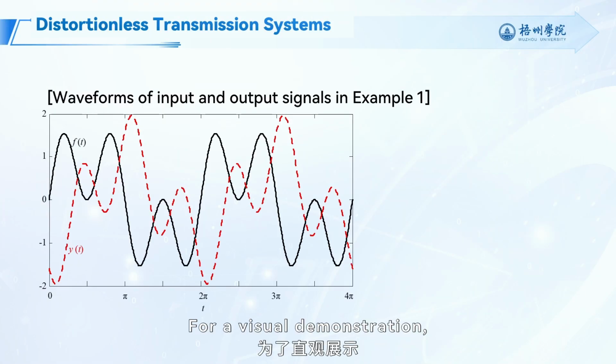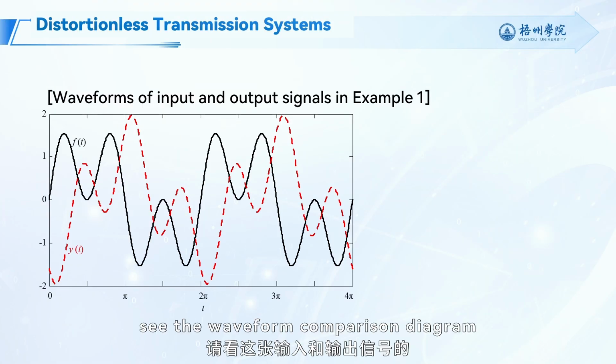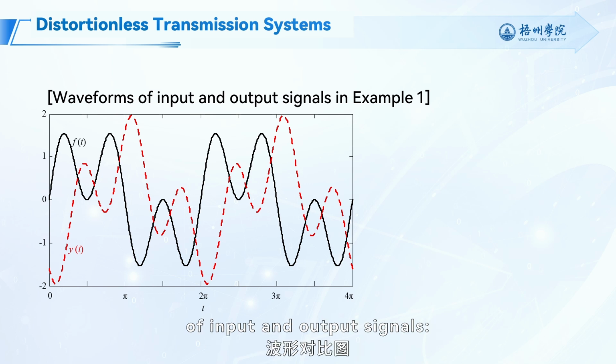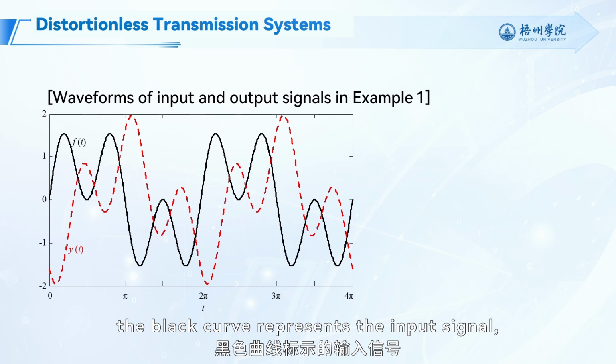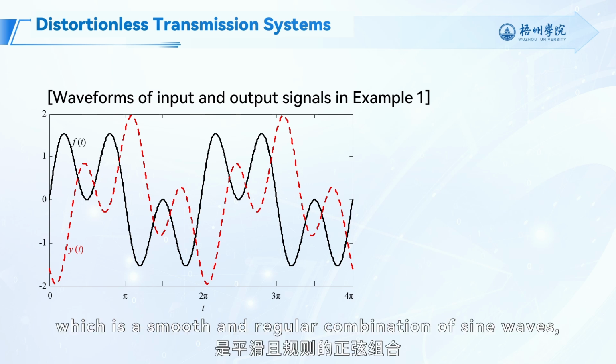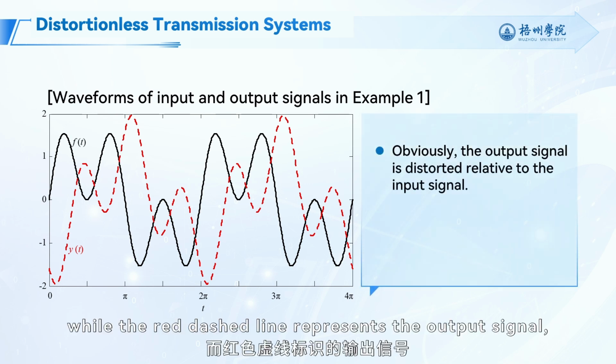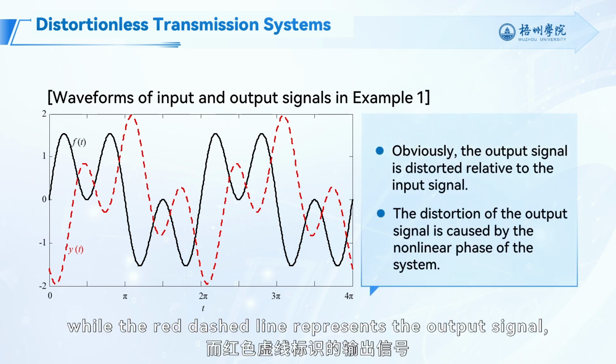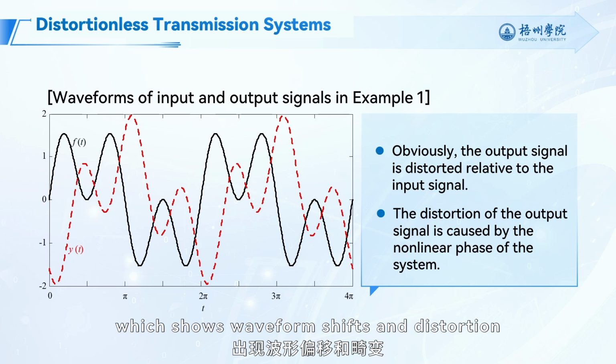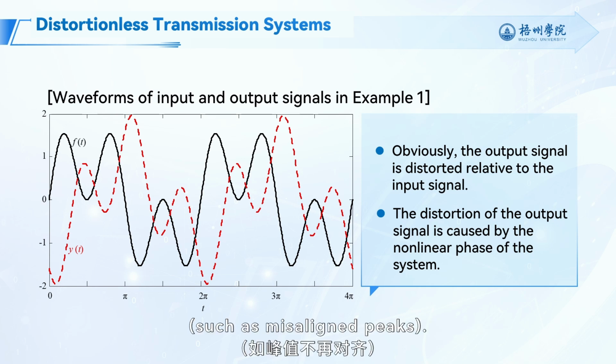For a visual demonstration, see the waveform comparison diagram of input and output signals. In the diagram, the black curve represents the input signal, which is a smooth and regular combination of sine waves, while the red dashed line represents the output signal, which shows waveform shifts and distortion, such as misaligned peaks.